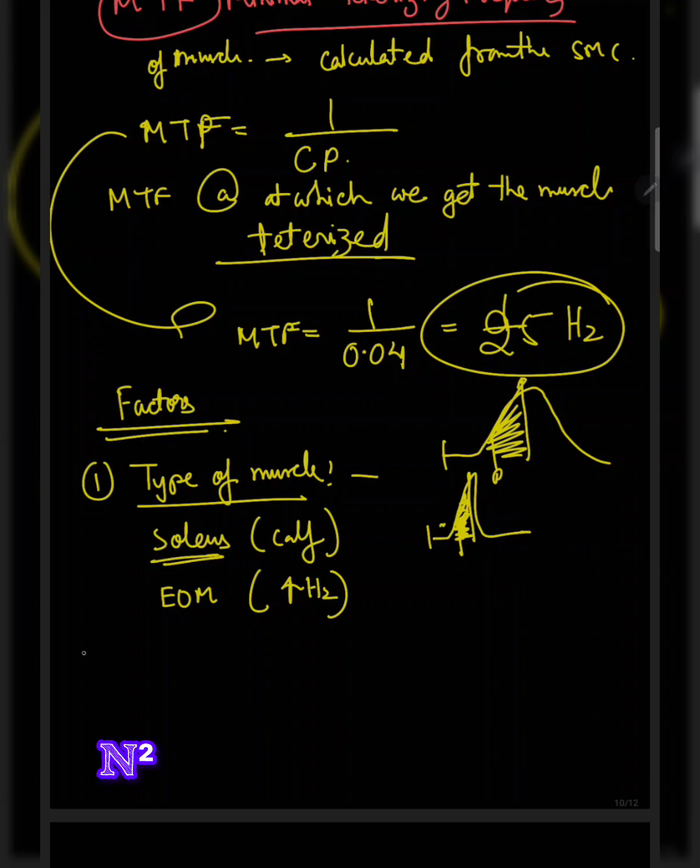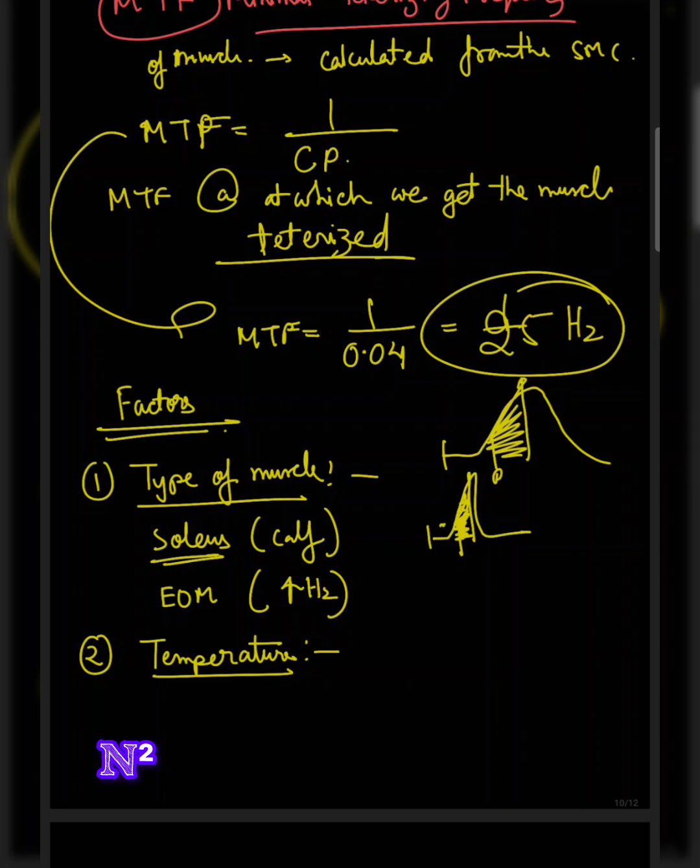Okay, the second factor which affects this is the temperature. As you know, temperature helps in assisting the transmission of conduction. So a hotter temperature is very viable to achieve your tetanus.